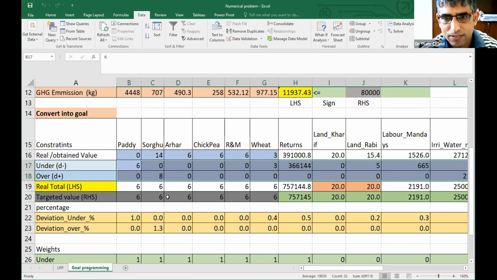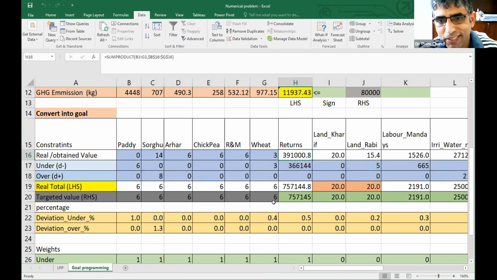Okay, it has taken care of water also, greenhouse gas emission. But you see, the net return achieved is only 3.91 lakh rupees. The farmer will sacrifice, underachieve 3.66 lakh rupees. Okay, 3.66 lakh rupees.